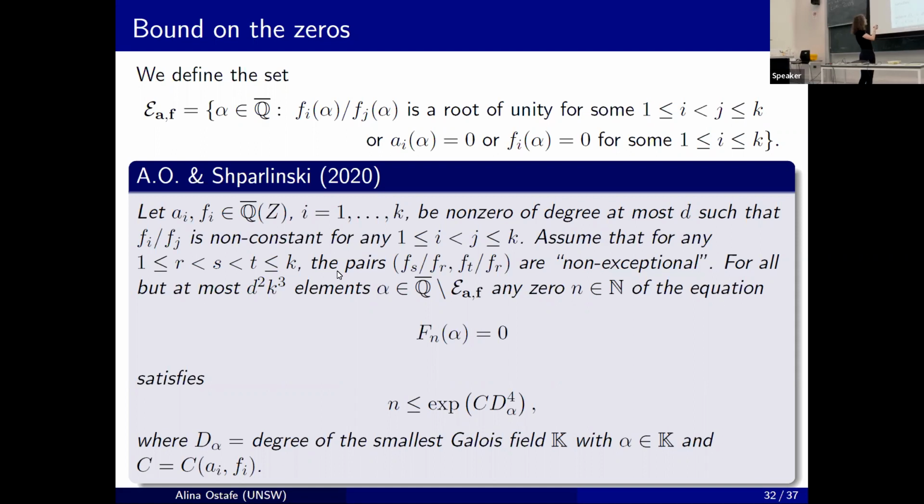Then for all but at most d squared times k to the 3 elements alpha outside of the exceptional set, any zero n such that Fn of alpha is 0 satisfies a bound: n is at most a constant c times d alpha to the power 4, where c is a constant that depends on the initial data, and d alpha is the degree of the smallest Galois field K which contains alpha.